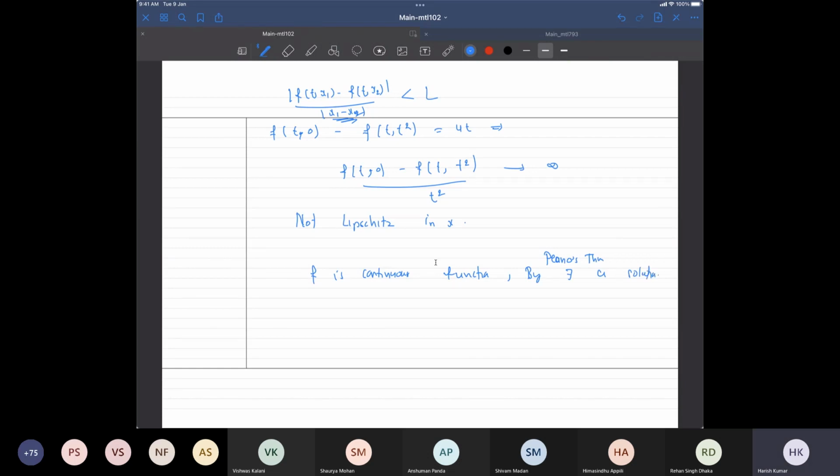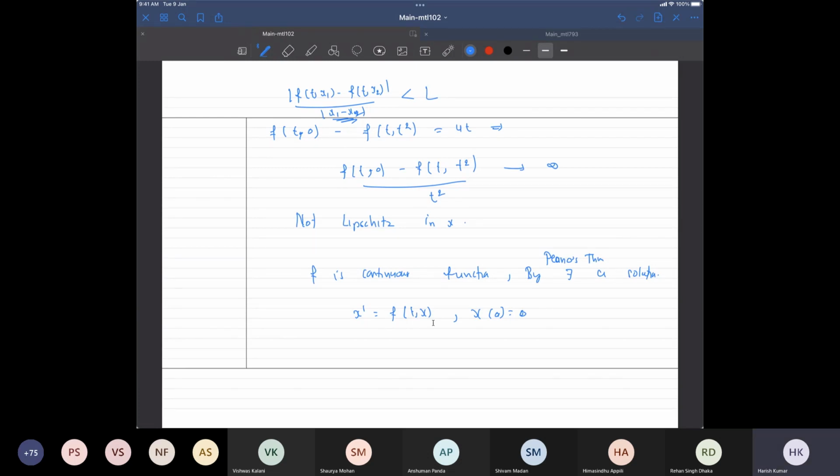Okay, solution to what problem? Solution to the problem x prime equals f(t, x) with x(0) equal to 0. So in the neighborhood of 0, there is a solution. Now I'm going to show you that the solution, whatever that solution is, will be unique.